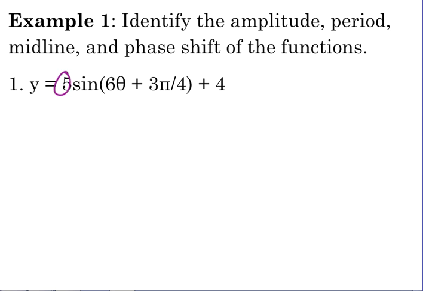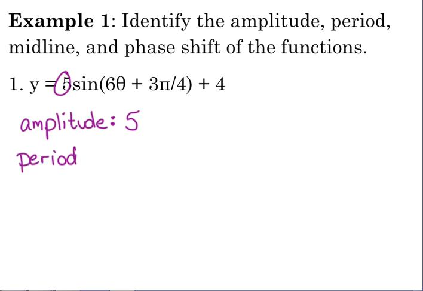But all right, so the amplitude is simply the coefficient in front. Now, it is always positive. So in this case, the 5 is already positive, but if it were negative, the amplitude is always positive, because it's talking about a distance. Amplitude is a distance. All right, the period.